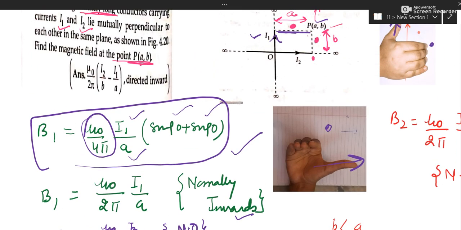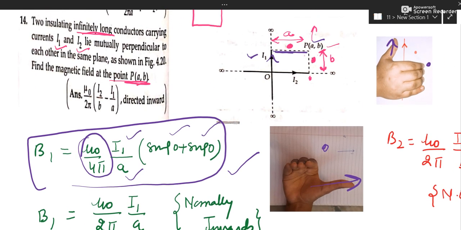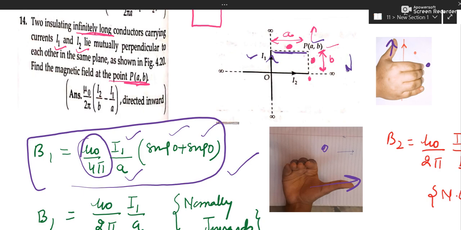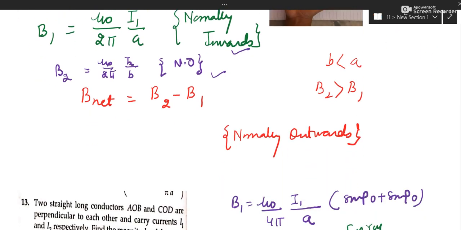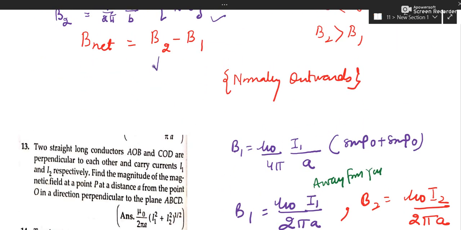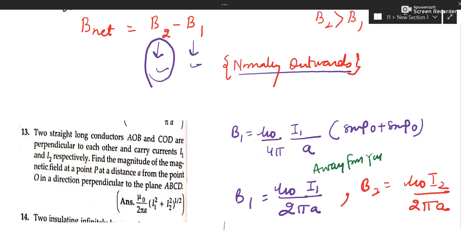Who's more here? We don't know. Though there is no comparison, still you can assume that its distance B is less from the diagram. So its magnetic field will be more, we can assume so. So B2 is greater than B1, so you can substitute. Because B2 is greater, its direction will be written as the net magnetic field's direction.